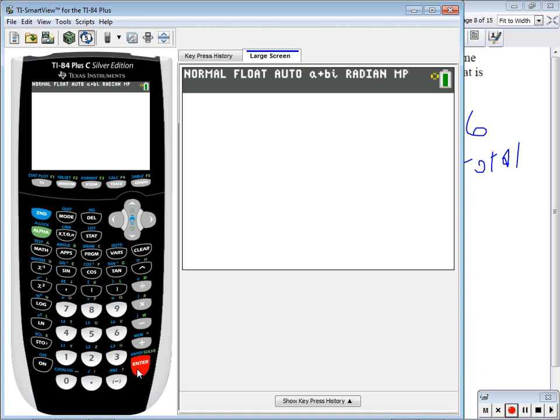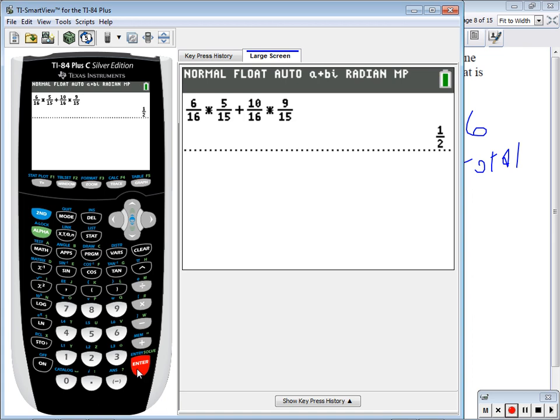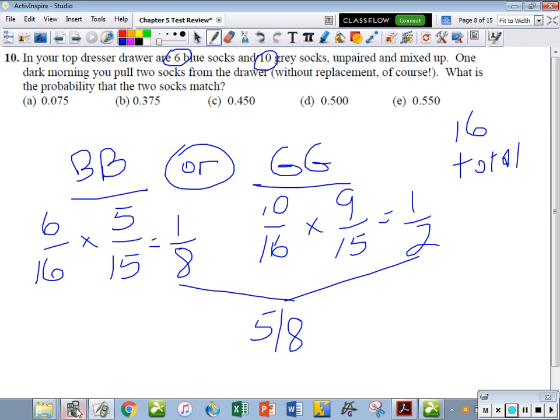When I multiply this together, I get positive 1/2, which makes the answer to this one D. So that's right here.